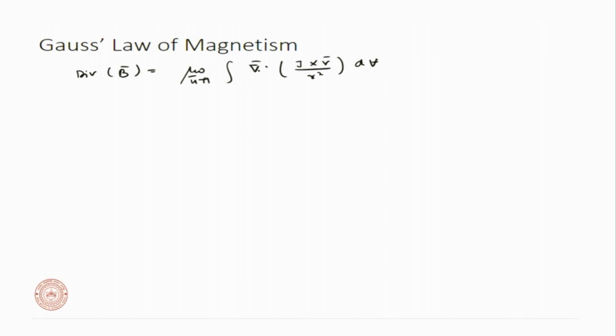Now, say this is our body, J is flowing through it in our coordinate system x prime, y prime, z prime, and we are finding B at a location x, y, z. The difference between the two, x i minus x i prime, is our R vector. So, for the divergence of this we can take del R by R square separately and del dot of this.